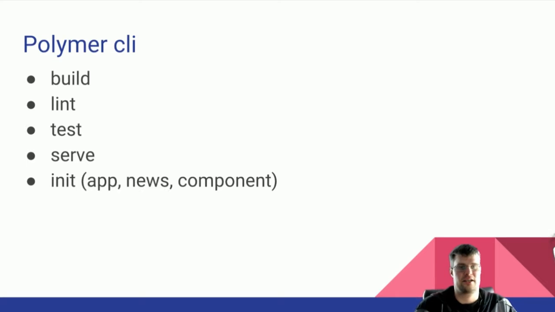And init is the way to bootstrap different parts. You have the components, as I talked about. You bootstrap a component, then you will get all the things required to do work on a component with testing and documentation and so on. And you can bootstrap a news application. This is a trial or something that you could take inspiration from, and it's pretty much a news site built by the blog way.